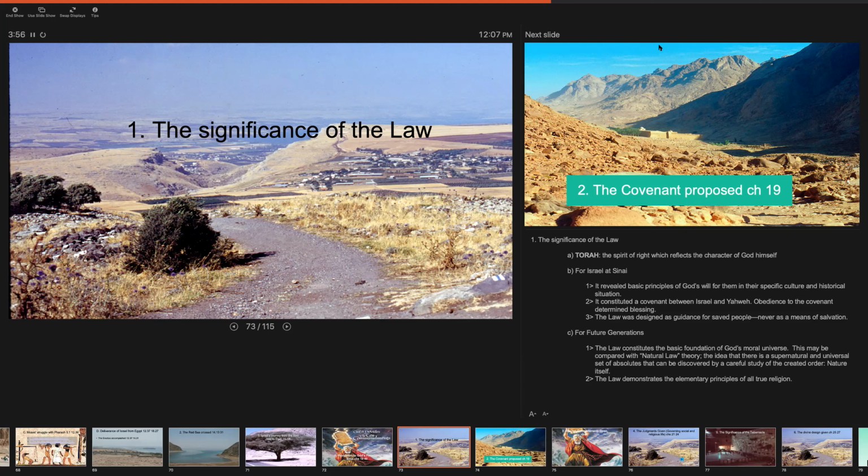And then thirdly, the law was designed as guidance for saved people. It was never a means of salvation. It was always designed as a blessing for saved people. The unsaved do not interact well with the law. We in America hear a lot of disdain, a lot of anger directed toward the Ten Commandments, particularly, but toward the Christian concept of universal law.